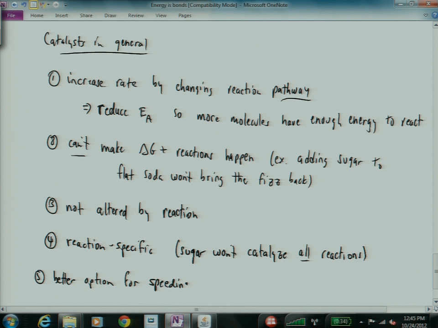You can always make a chemical reaction go faster by heating it. So if I want to digest my lunch, I can put it in a pressure cooker, I can put it in the oven, it starts to break down. The problem is, that's no use for a living thing because they have to operate within a narrow range of temperature. So if I want to digest my lunch in a hurry, I need to do it by having catalysts, which we'll talk about next time, which are enzymes, which are molecules that increase the rate of reaction.